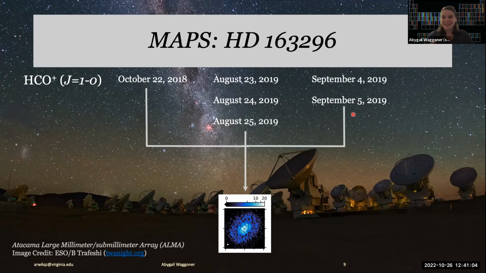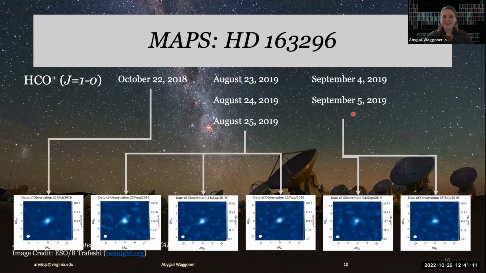And this is great, and it did a lot of great science goals. But what I actually did is I took this data and ripped it apart and created 6 individual images that were a lot less pretty and a lot more blobby to figure out, is the HCO plus flux constant over the course of these 6 observations? And I did this for each of the disks. So we now have 5 more data points.